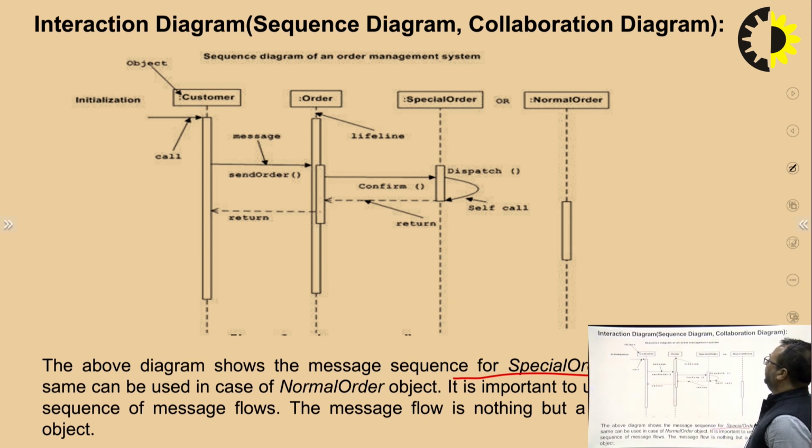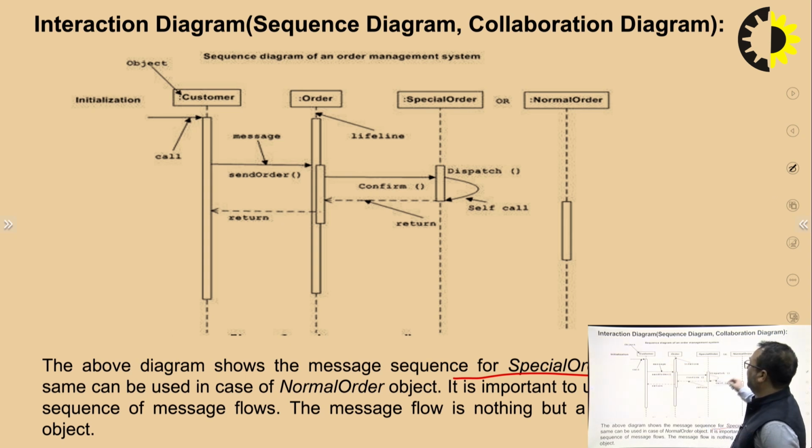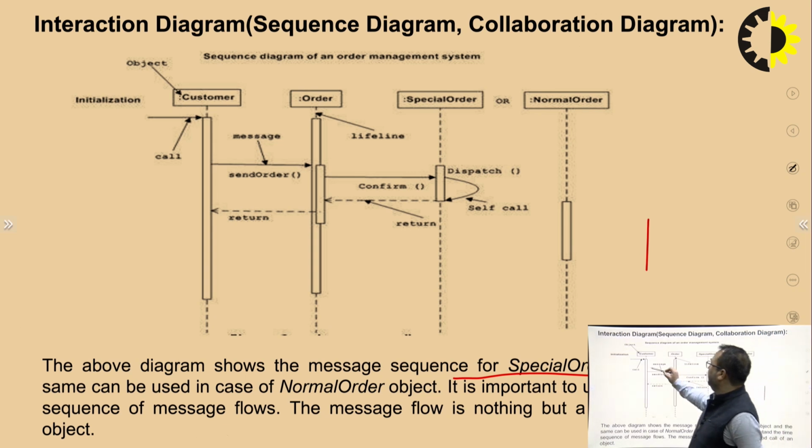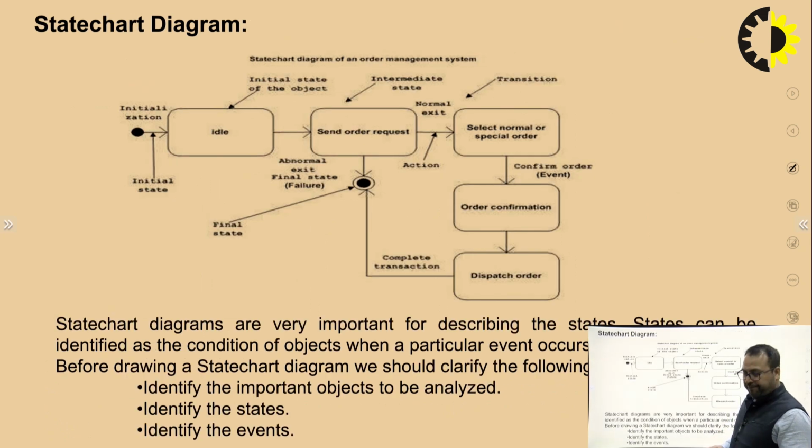Like here in the sequence diagram, we would have customer, order, special order, normal order, and this is the time reference. Initially the customer sends a message, meaning the send order functionality will be invoked.